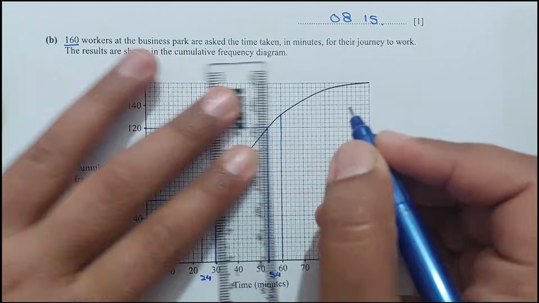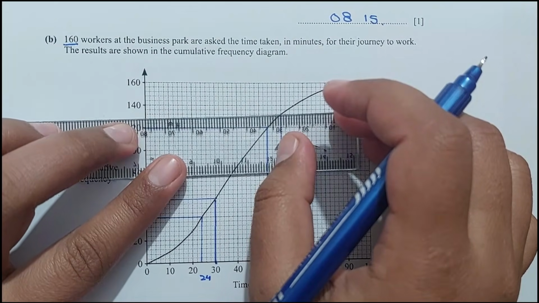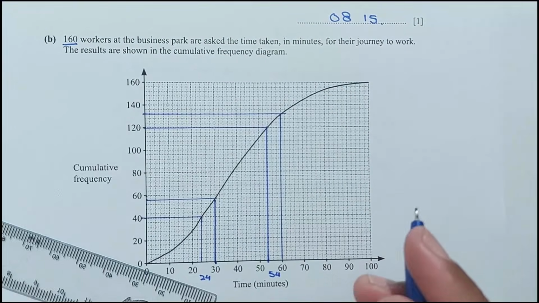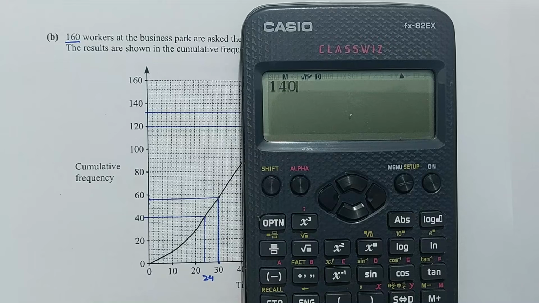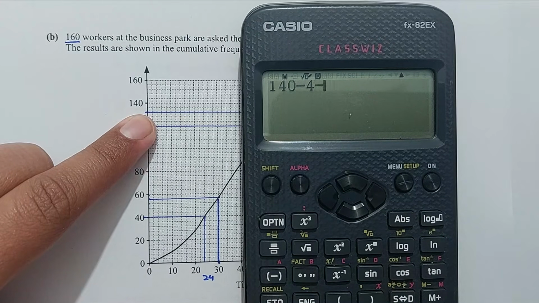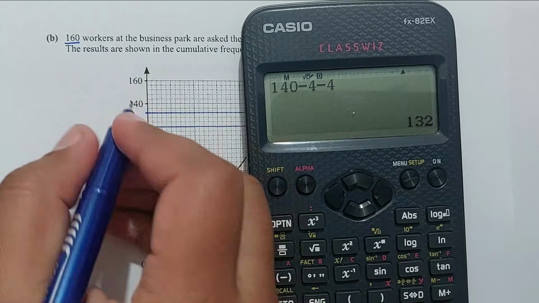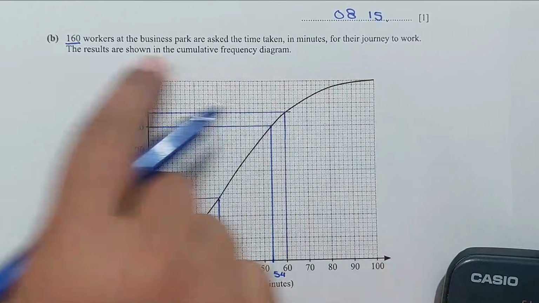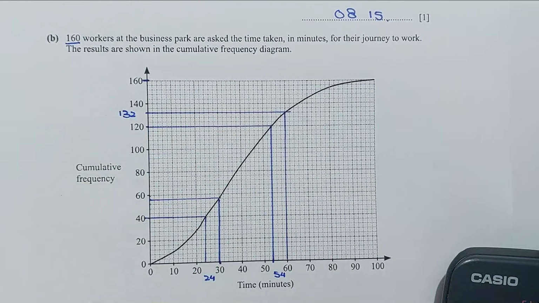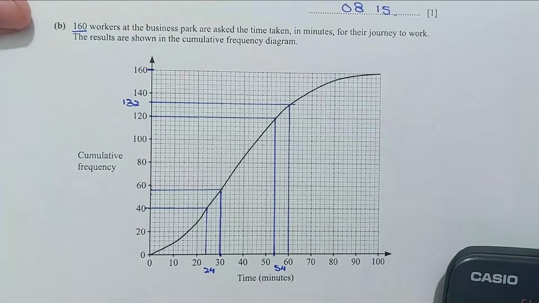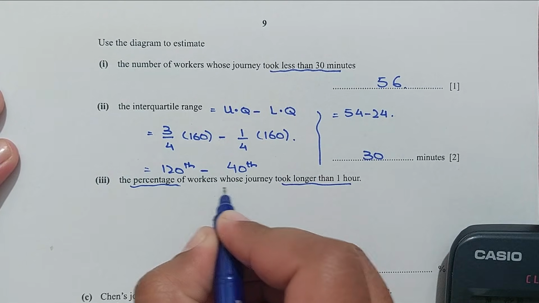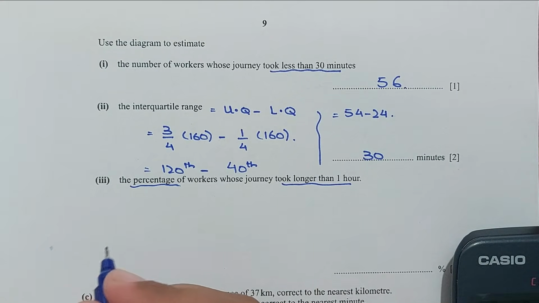So reading for 60, okay, so 140 minus 4 and minus 4, this is 132, and for 100 it is 160, right? 132 and 160. Okay, so we have to find the percentage of workers whose journey took longer than 1 hour.